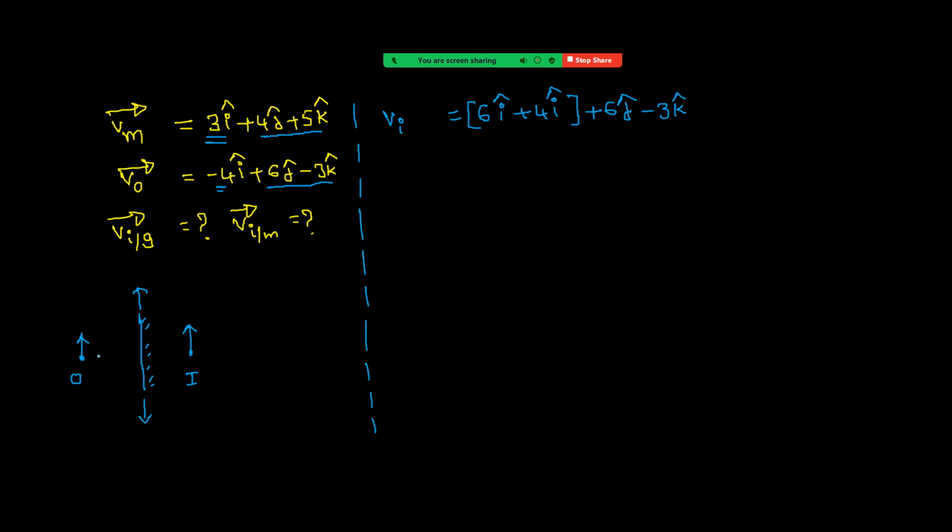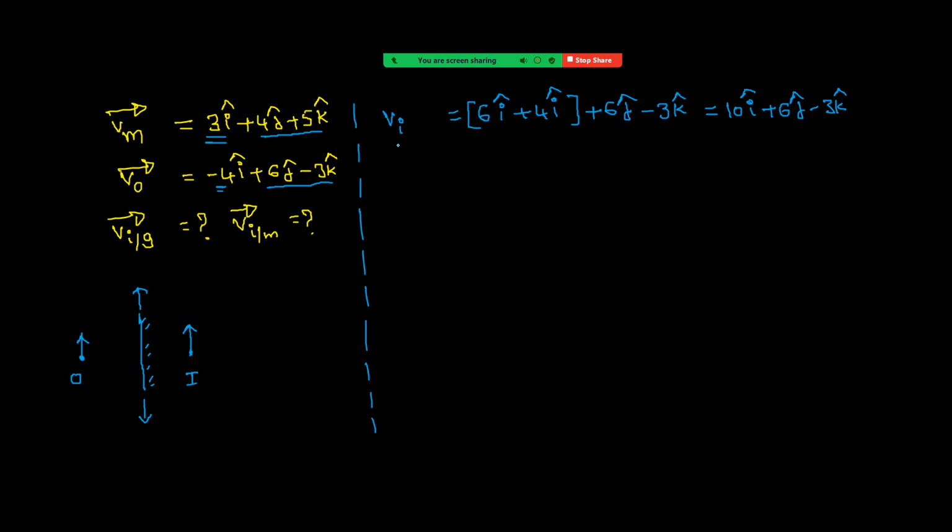That's why 6j cap and minus 3k cap. So finally the answer is 6 plus 4, 10i cap plus 6j cap minus 3k cap meter per second. So this is one way of solving the problem. Let us now solve the same question in a different way.